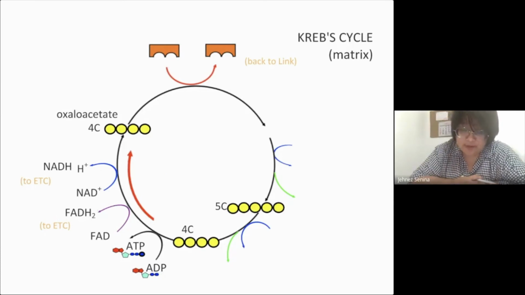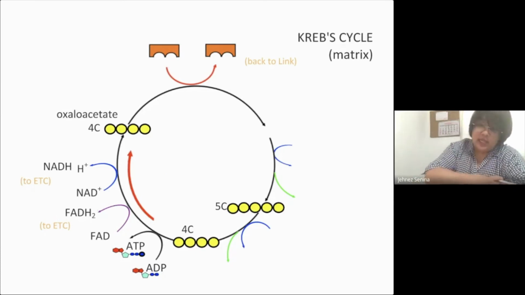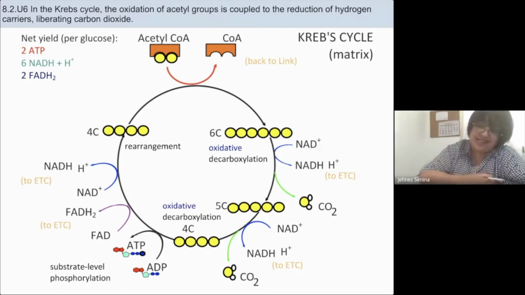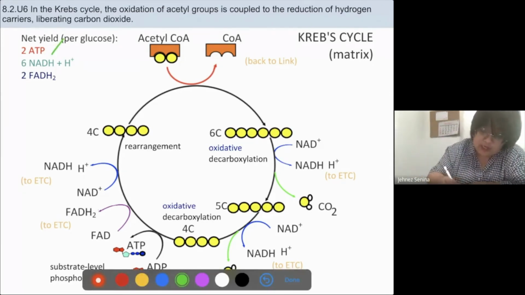Now, I can already hear Christine's brain: how many NADH, how many FADH2, how many ATP? You have 2 acetyl coenzyme A, so imagine this is going to happen twice. If this circles twice, then you have 2 ATP. Where did the 2 ATP come from?